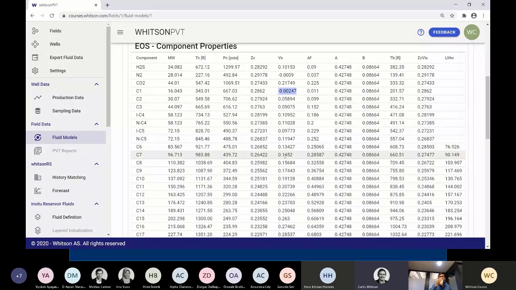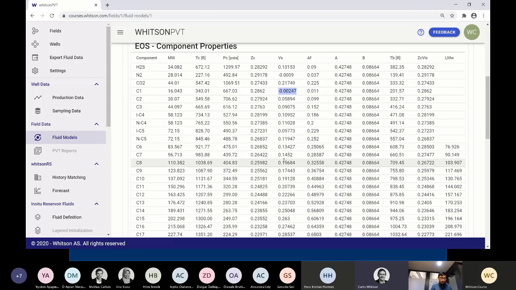Basically, that is the deviation fraction of a liquid density expected for that component. In other words, it's saying how much the uncorrected two-parameter equation of state would be in error of the density.